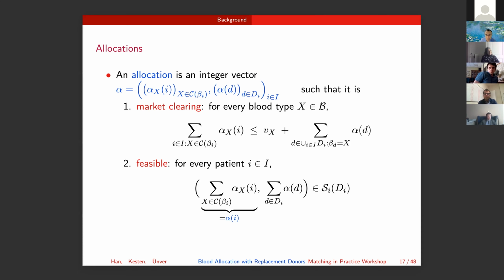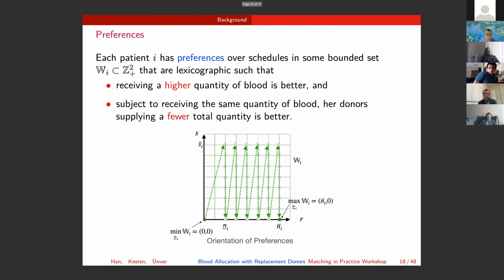patient. Okay. And so now let's talk about how should I think about preferences here for patients? Okay. So basically, we will assume that patients have preferences over schedules in some bounded sets, capital WI, which is a subset of the non-negative integer plane.